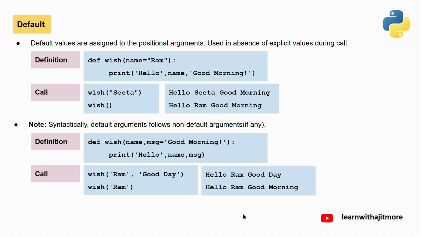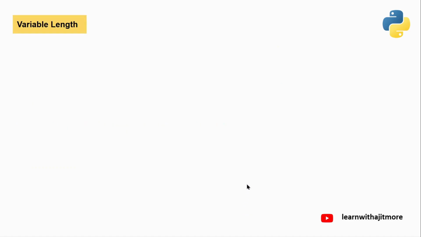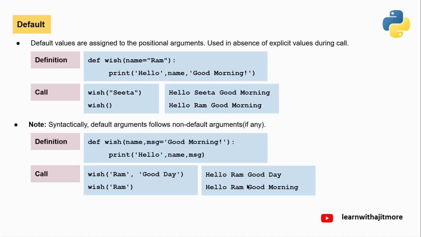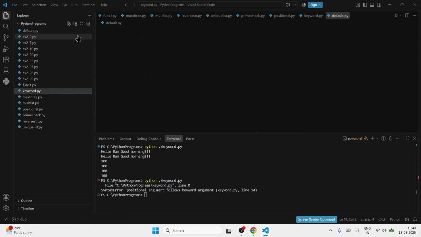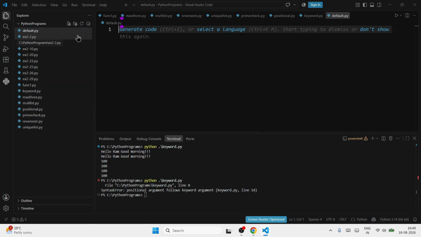Okay. Now I'll go to the next one, but before that, just a simple illustration. Default.py. If you have any doubt, you can ask me. Here I'll take some other example; the one shown on the slide you can go through.